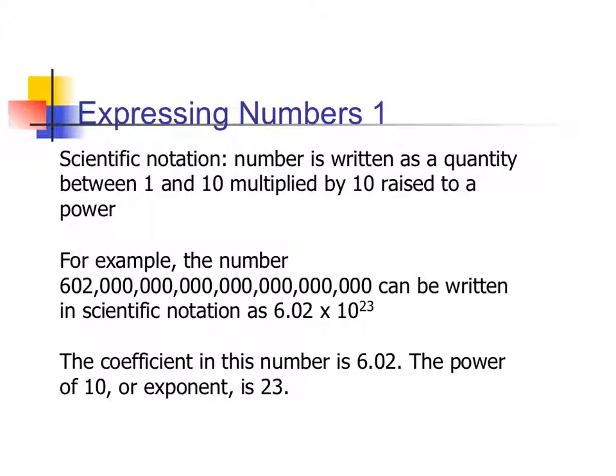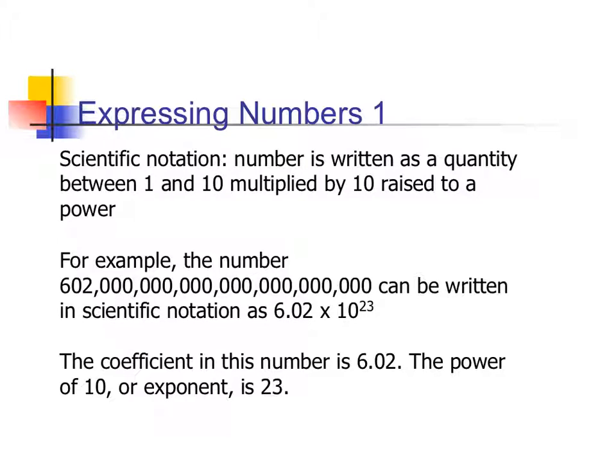It's something that has been raised to the power of 10. And I use a number that we'll see fairly frequently in the coming units, and that is 6.02 times 10 to the 23rd. You can write out all those zeros, but that's a lot of work, and it's a lot easier to say that it's 6.02 times 10 to the 23rd.